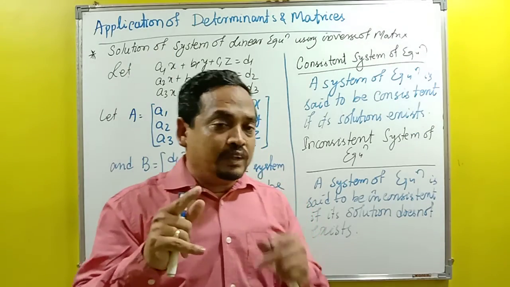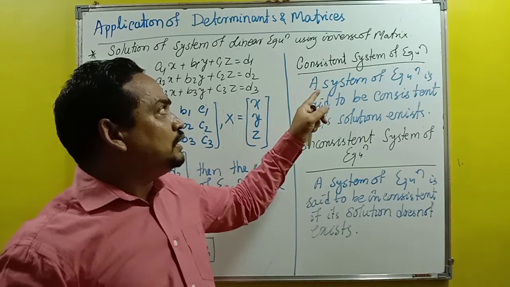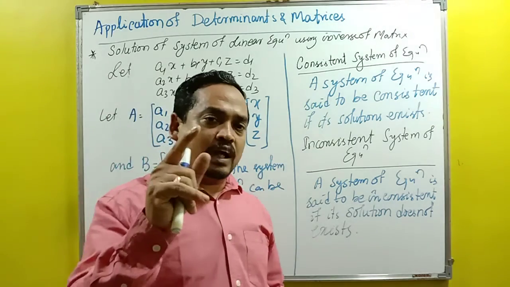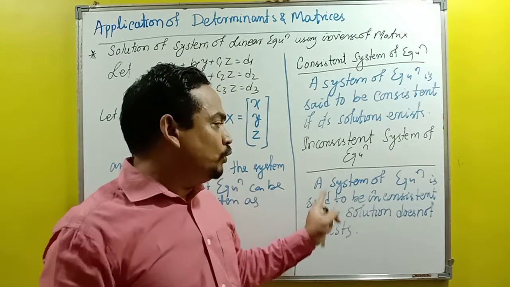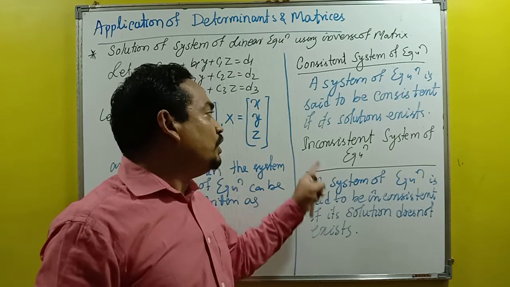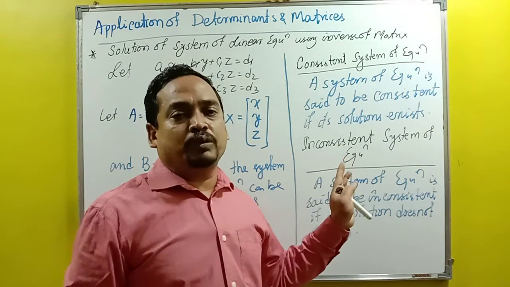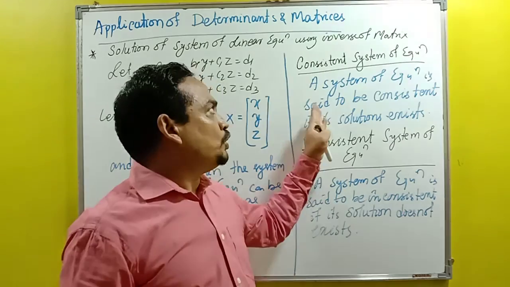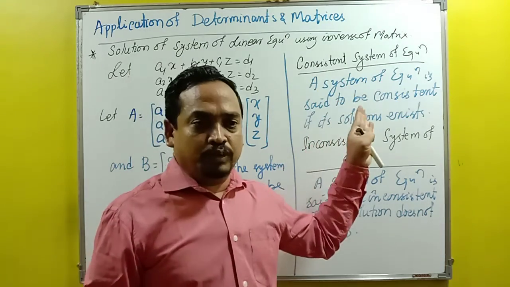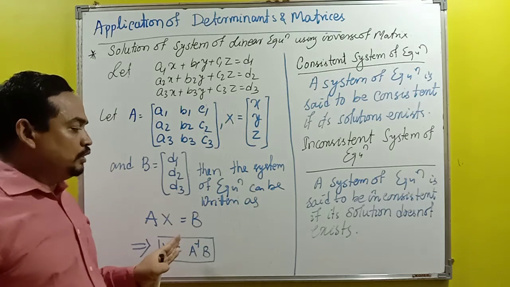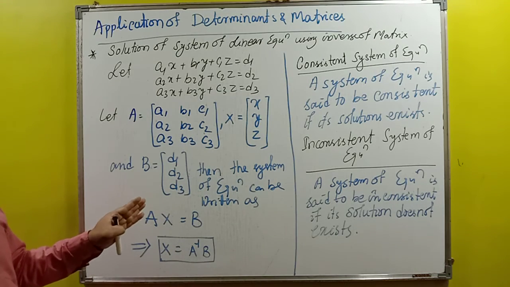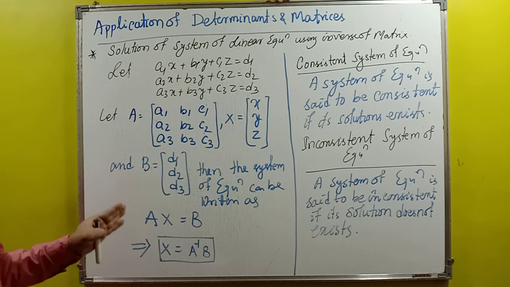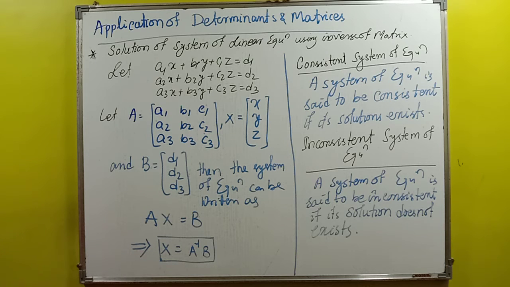So a consistent system of equations has a solution, and when it has no solution, it is called an inconsistent system. We will solve for consistent systems where we get a solution. Now just note it down, then we will solve problems on systems of linear equations in 2 variables and 3 variables by this matrix method.